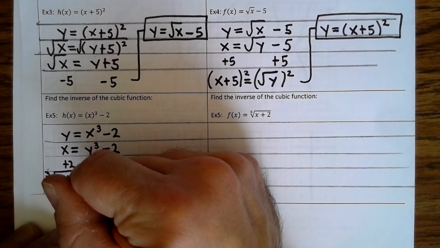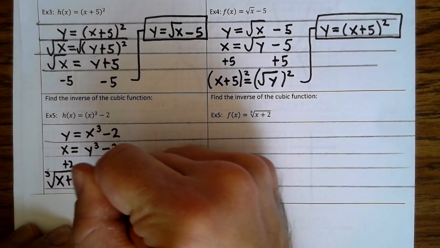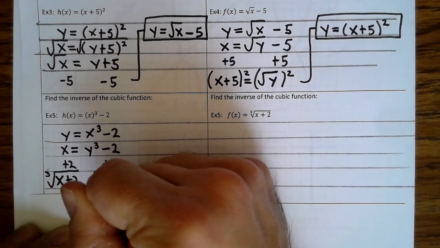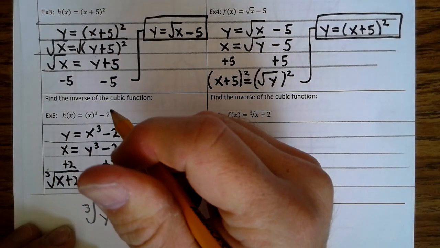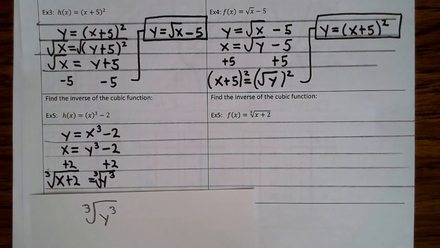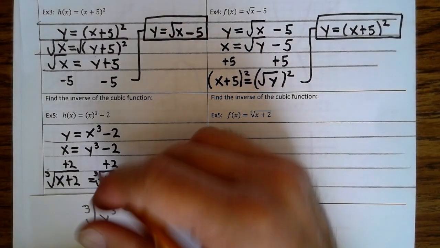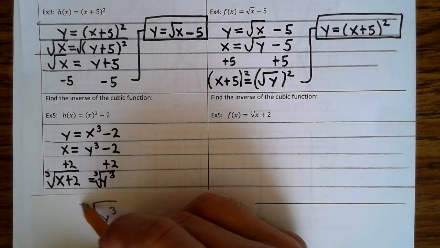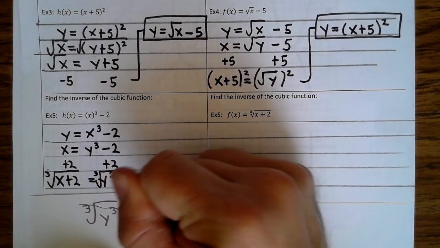If we have the cube root of y cubed, this becomes basically to the power of 1, and you're left with y.